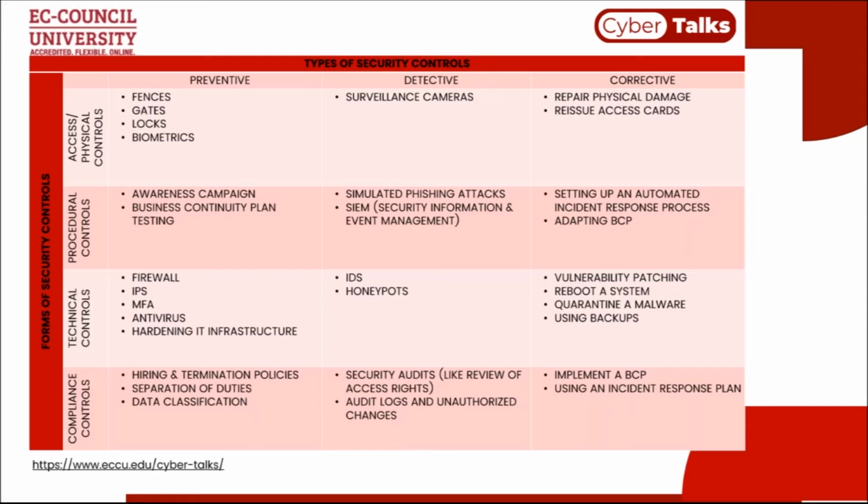SIEM is obviously also a detective control, where events are logged and managed. And if you go further to the corrective procedural controls, setting up an automated incident response process is also important. You can also include it in your ticketing system, which is quite nice.